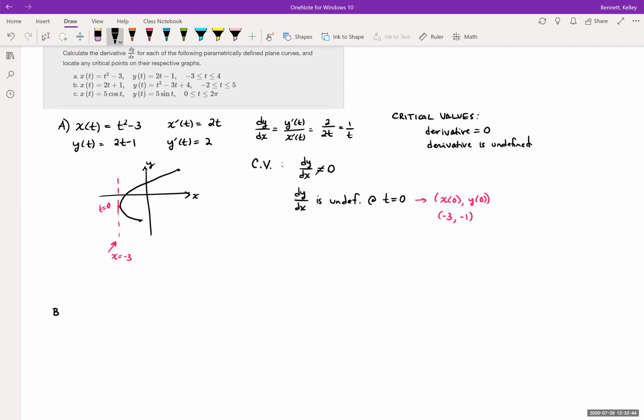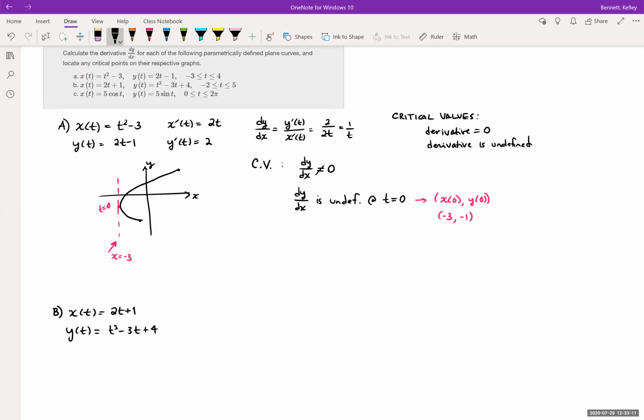The next example, B, we're given that x of t equals 2t plus 1, and y of t equals t cubed minus 3t plus 4. And yes, we are given these limitations on the t values. I'm not going to worry about that right now. Oh, sorry, actually I am.